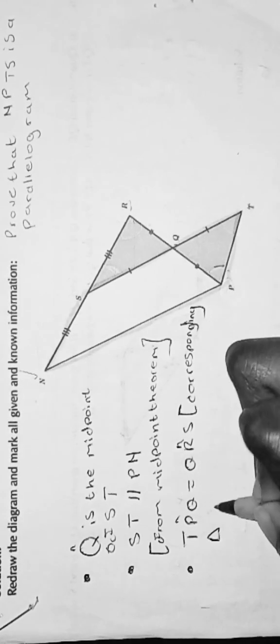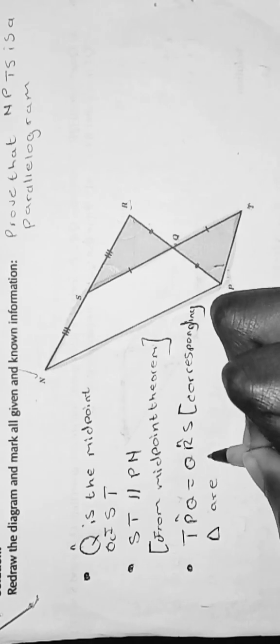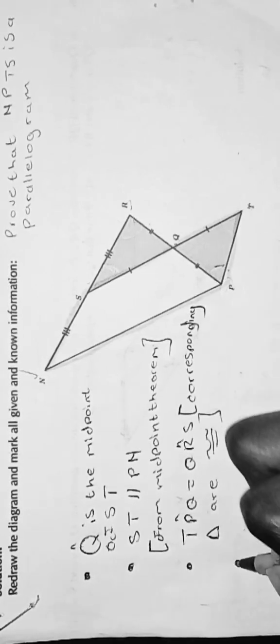triangles are congruent to one another, and also that I can see that this angle T is equal to this angle S. So I'm gonna say this angle T is equal to this angle, which is here.